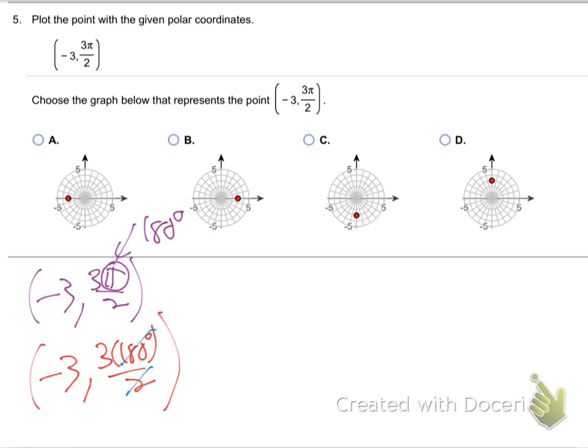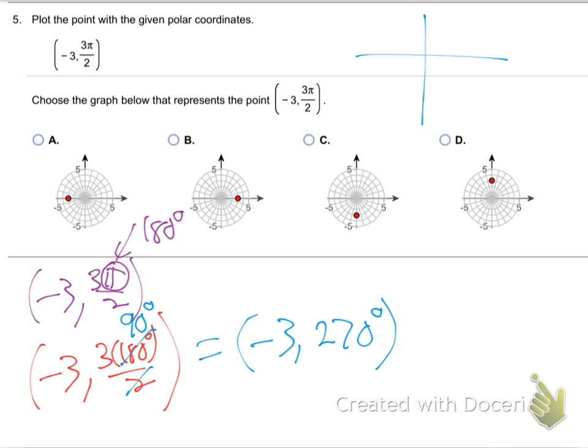So what's that? 2 into 180, 90. 3 times 90, 270. So that's negative 3, comma, 270. So turn the cannon to 270 degrees. And then backfire 3. So where's 270? Straight down.